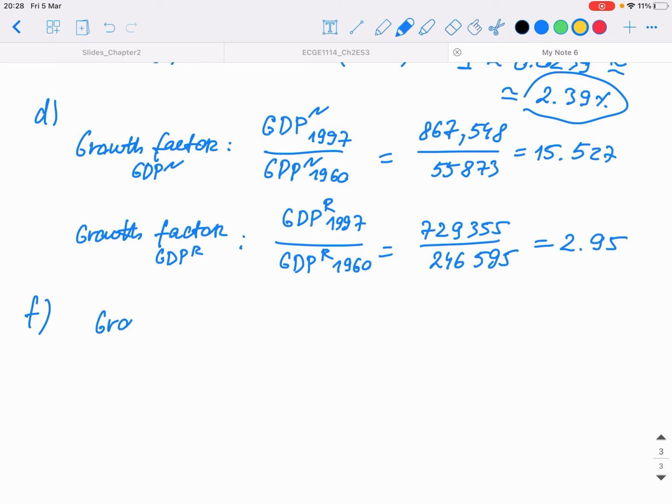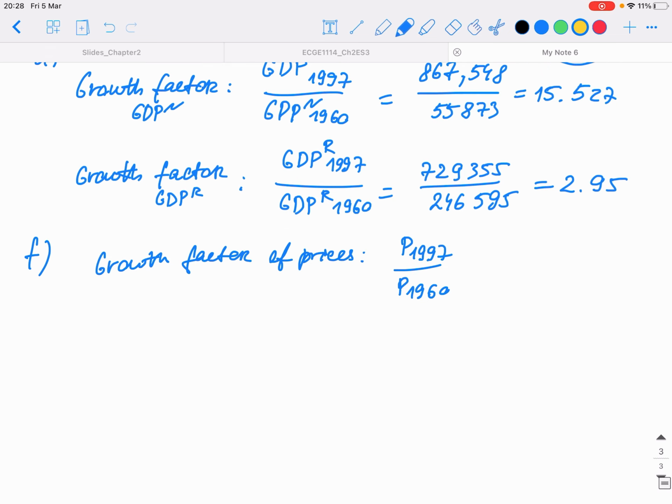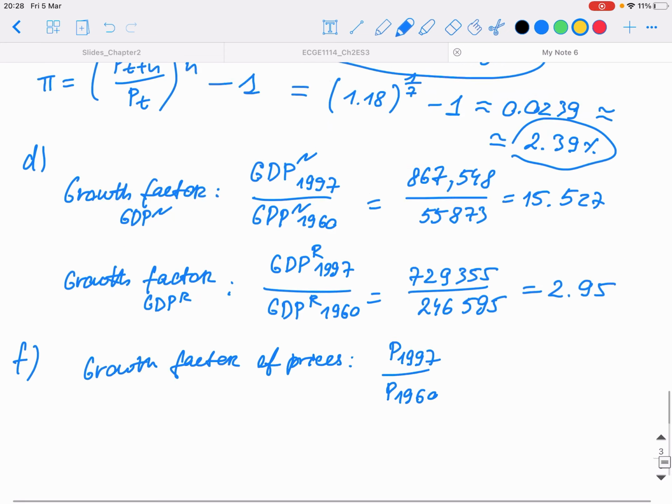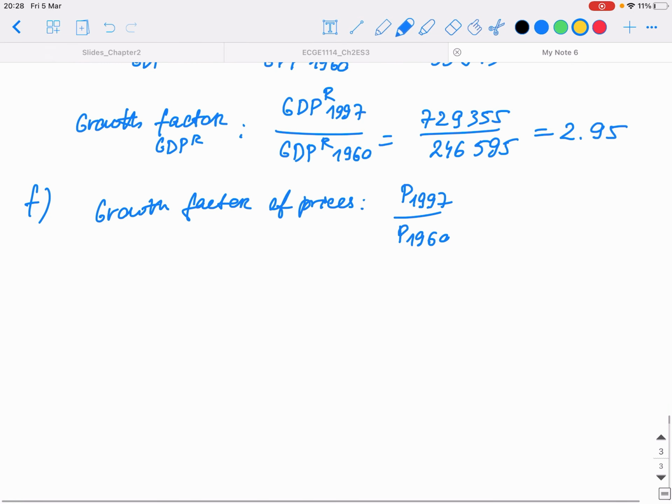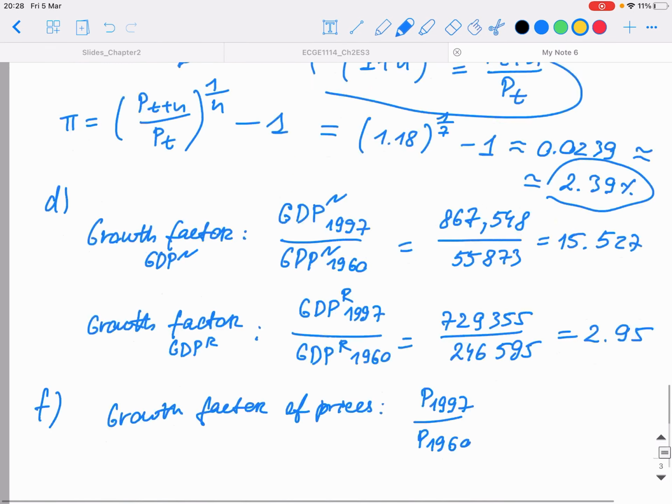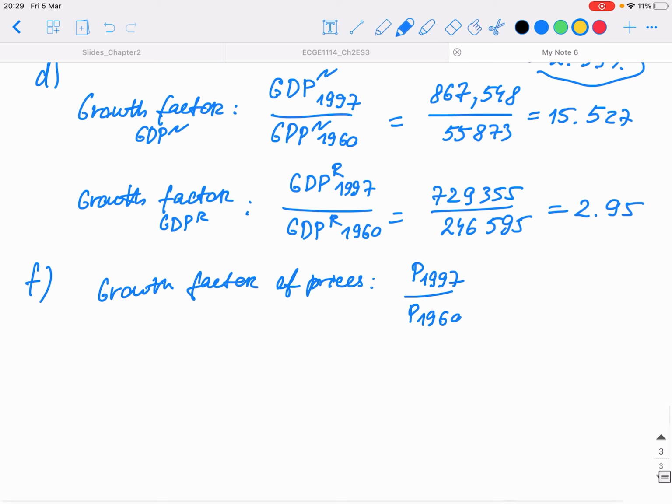So we have the growth factor of prices over the whole period. And then the question is, how can we extract this ratio from points E and D, basically from the GDPs and inflation that we had.